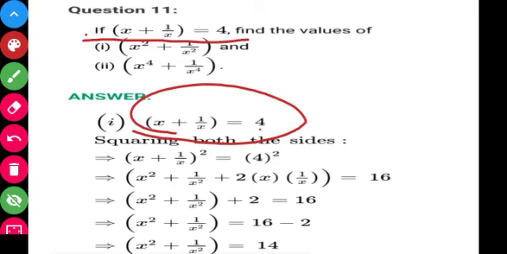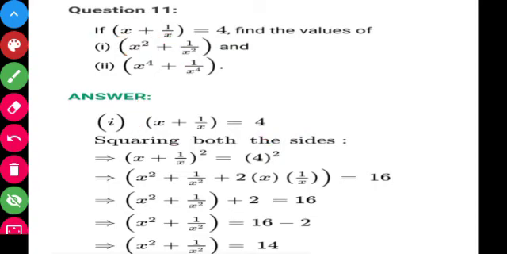Understand? And he asked x square plus 1 upon x square. Here the power is 2, that means square is asked, so we square the given expression. Given x plus 1 upon x is equal to 4, so squaring on both sides, we have x plus 1 upon x whole square is equal to 4 square.